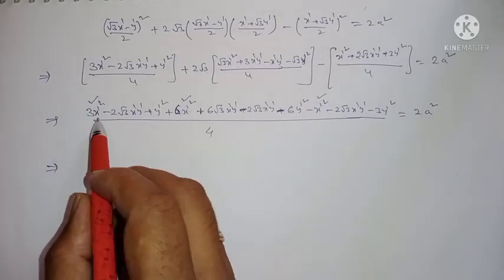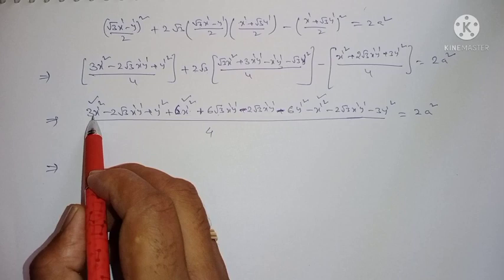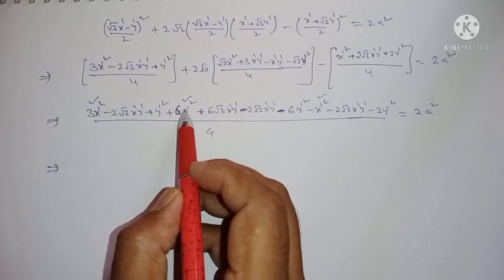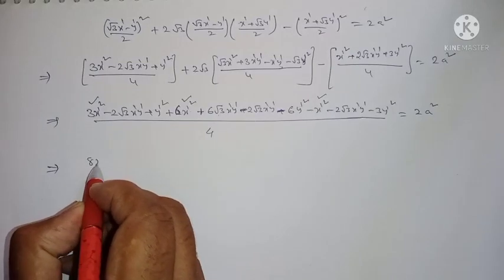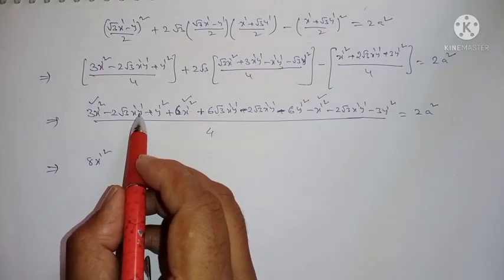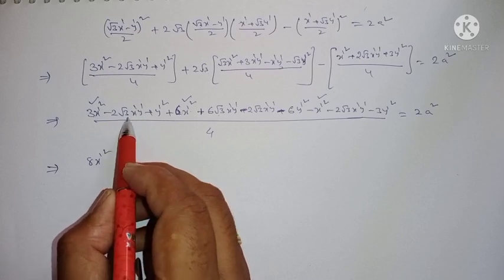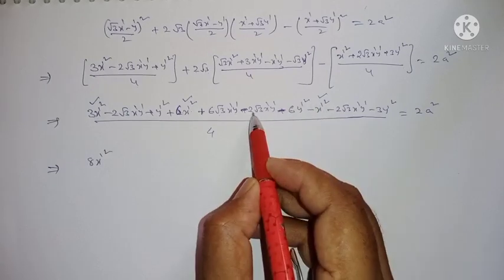Listen, next the x square terms: how many here? 3x dash whole square plus 6x dash is 9, 9 minus 1, I can write here 8x dash whole square. And the x dash y dash terms, you can observe here: minus 2 root 3, minus 2 root 3. How much is it? Minus 2 root 3.